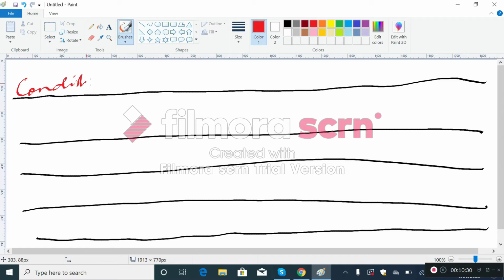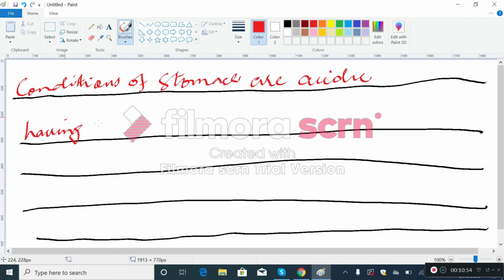Conditions of stomach are acidic, that is, having pH around 2.